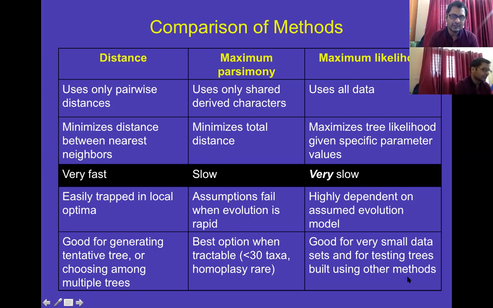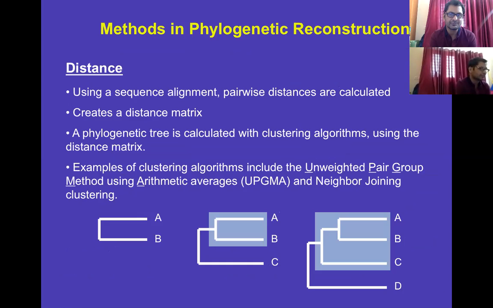So you understand the difference: because neighbor joining is faster, it can be used for a larger data set. Maximum parsimony can be used up to a data set of 30 taxa, and we generally use it for a smaller data set, because for a larger data set it becomes very, very slow to deduce the tree with the help of software.